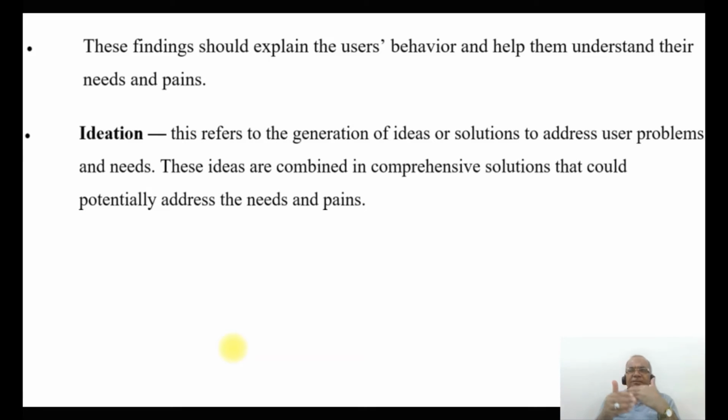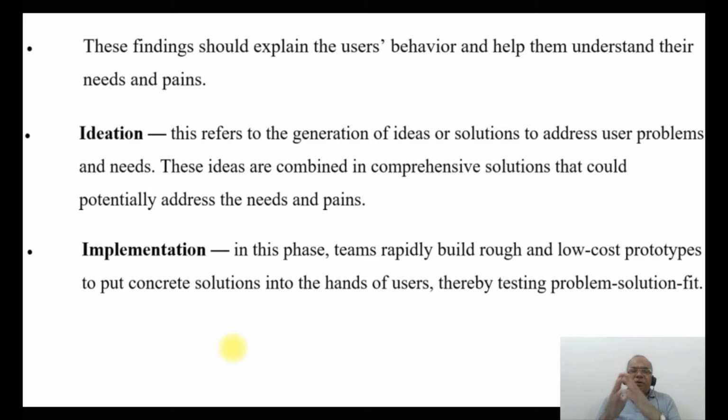We will get multiple ideas for the same type of problem, and among them we need to understand which is the best and explain it to the stakeholders to solve those problems. These ideas are combined in a comprehensive solution. That means we take different ideas, put them together, and make them comprehensive, reducing them to a short one that could address the needs and pains of the stakeholders.